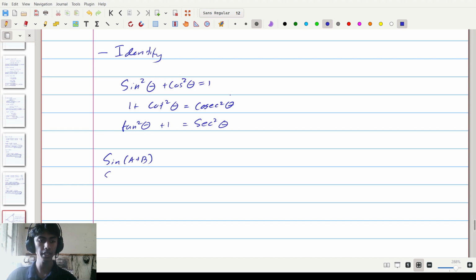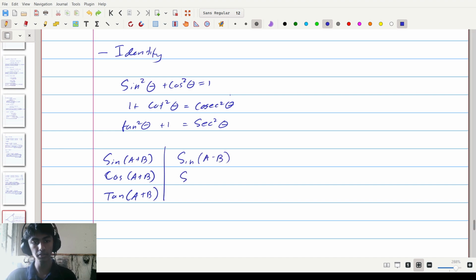We found the cosine of a plus b, and we found the tangent of a plus b in terms of sin A, cos A, sin B, cos B and tan A and tan B. So here we have tan A plus B. We also found, similar to this, the sine of one angle A minus another angle B, the cosine of one angle A minus an angle B, and the tangent of one angle A minus another angle B.